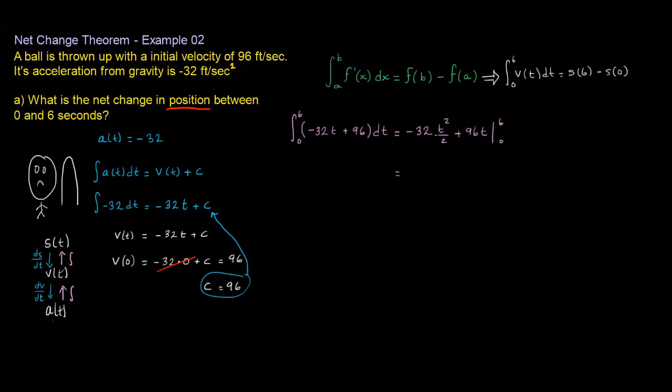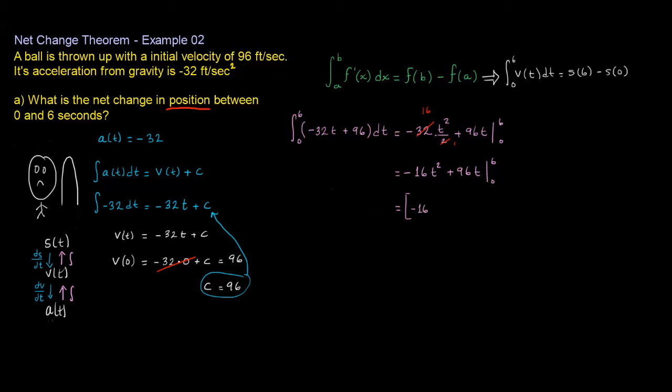So this will look like this. We can simplify this: half of 2 is 1, half of 32 is 16. So it would be negative 16t squared plus 96t, and we have to evaluate between 0 and 6. Let's evaluate. I'm going to use brackets to do it with more order.